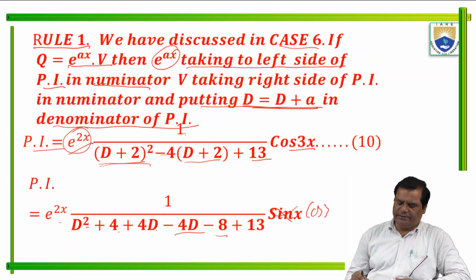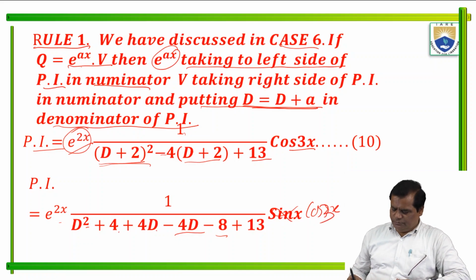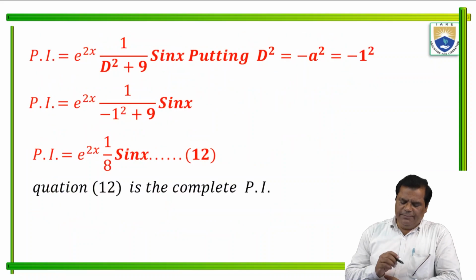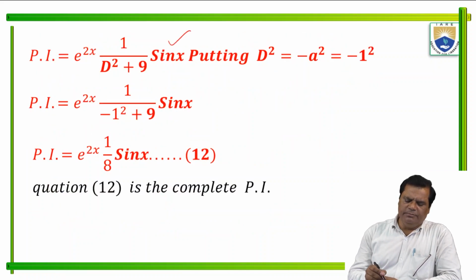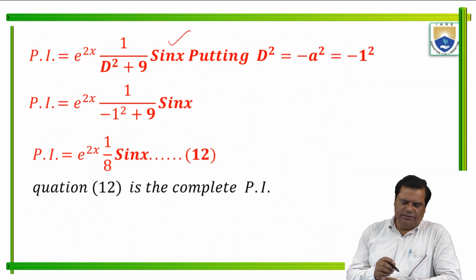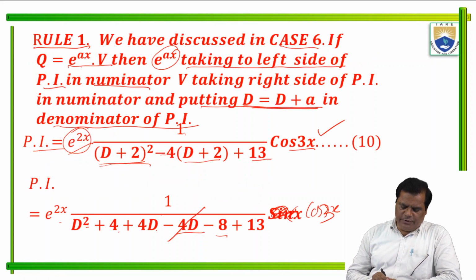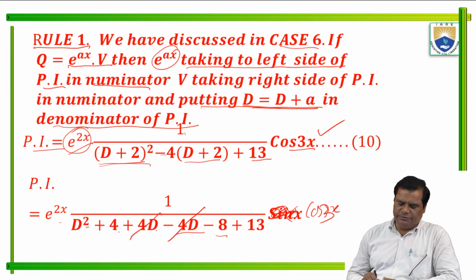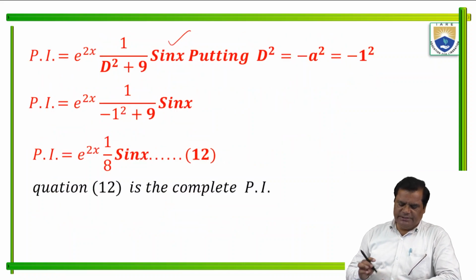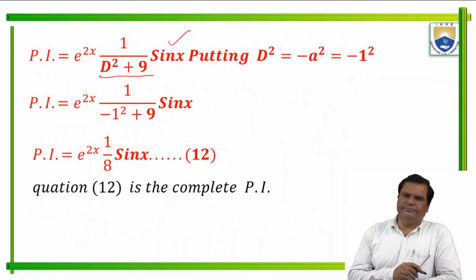Here it is not sin x; in our question it is cos 3x, but I am taking sin x here. No problem, take sin x. So in the last line 4D is cancelled, and 13 plus 4 is 17, 17 minus 8 is 9. So the denominator is D square plus 9.